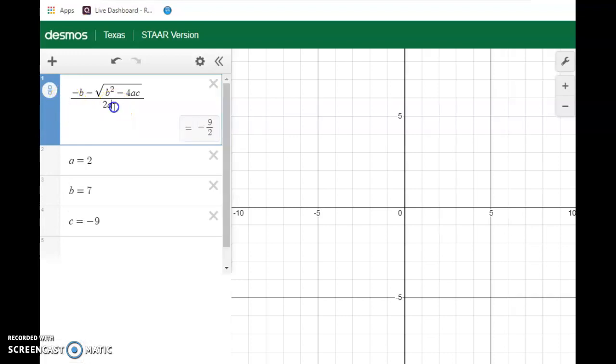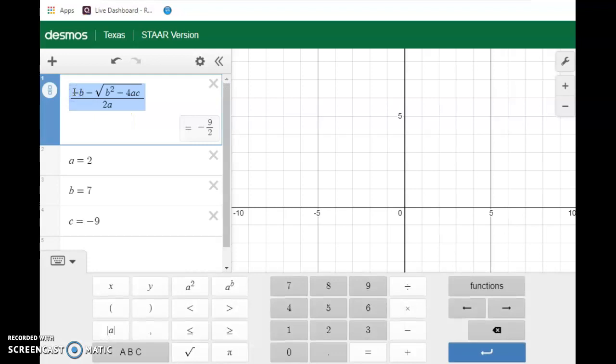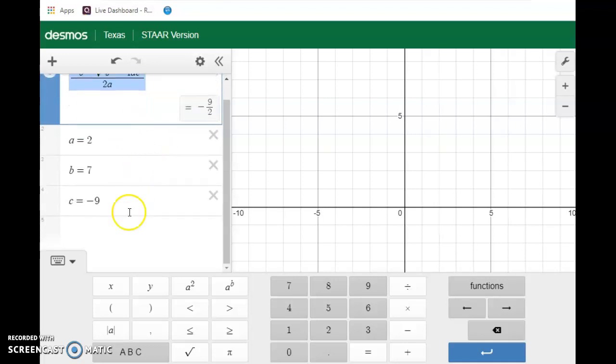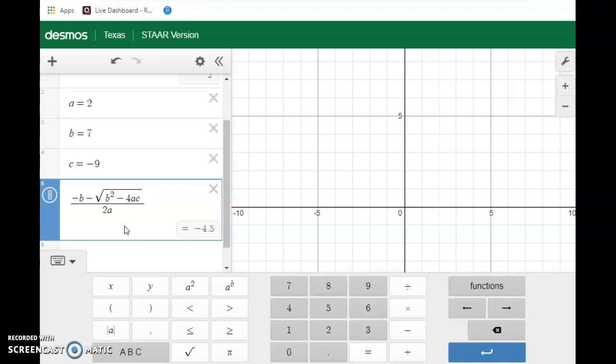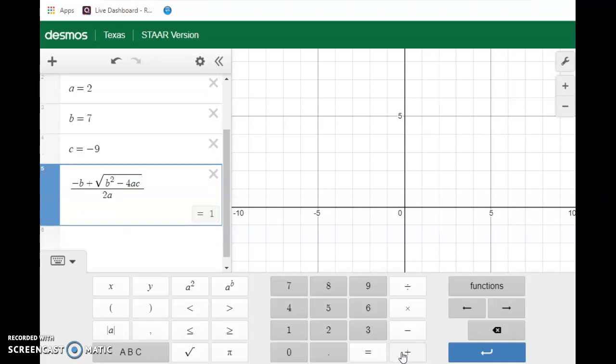Also, if you copy that, Control C, and you type it down at the bottom, Control V, and change to a positive, now you don't have to keep flipping back and forth, positive and negative.